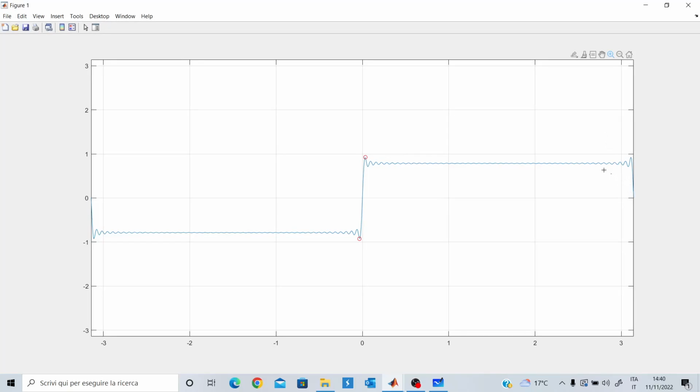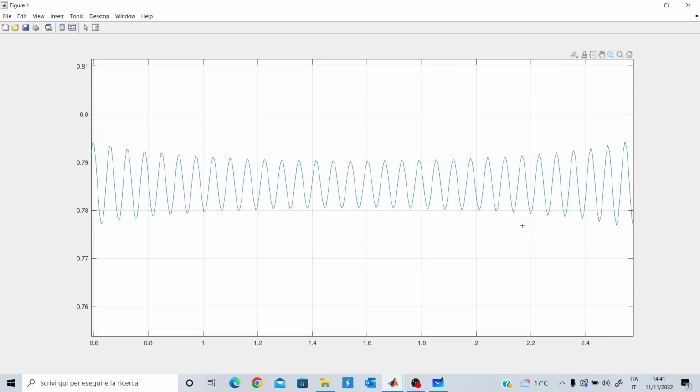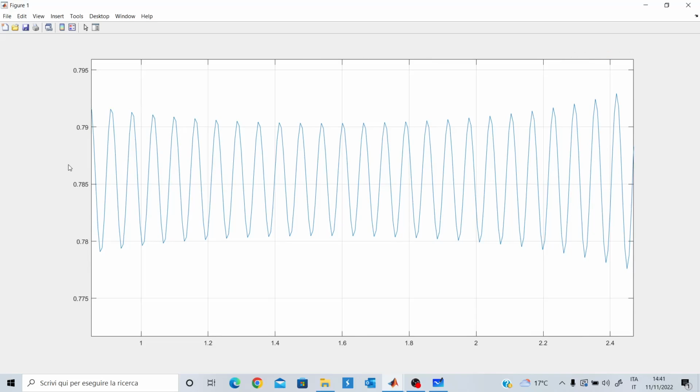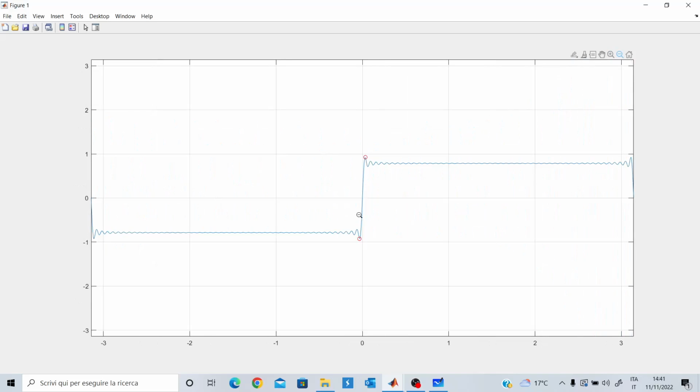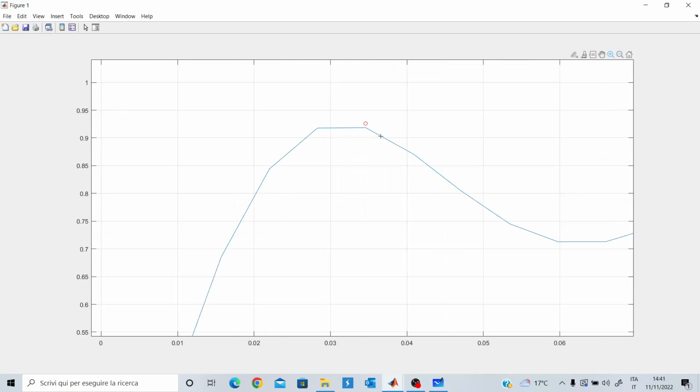The function here will oscillate around the value pi over 4. So here we have some kind of a sinusoidal function that will oscillate around pi over 4. And pi over 4 is approximately 0.785. So it's quite an accurate approximation. You can see the overshoot, which is getting closer to the point x equal to 0.